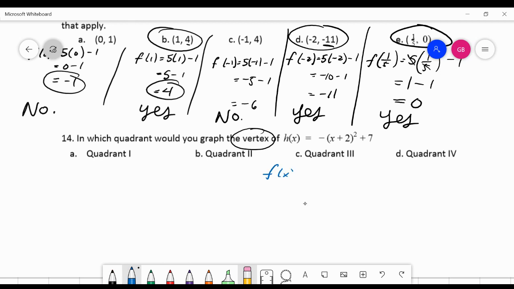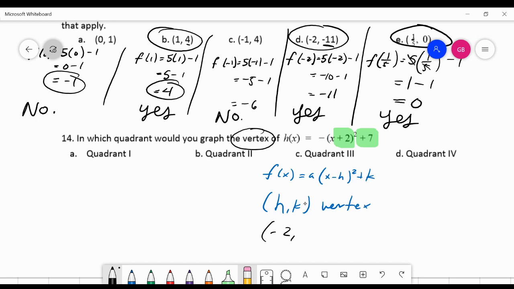Remember that vertex form is a times (x minus h) squared plus k, where h, k is the vertex. So it's the opposite of this number, comma this number. So the opposite of 2 is negative 2, comma 7.